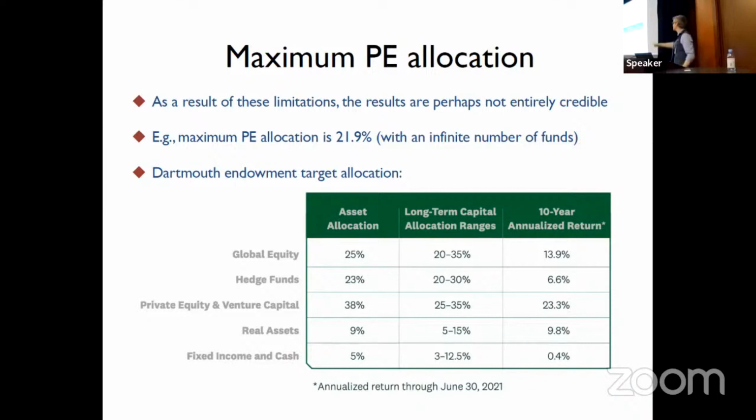In percentage points, what Dartmouth has earned on its private equity allocation is 23.3%, which is about 10 percentage points more than what they earn on traded equities. So this is 10 percentage points accumulating over a 10-year period. This is a lot. We're not talking basis points here. We're talking orders of magnitude. So this is an important problem to understand.